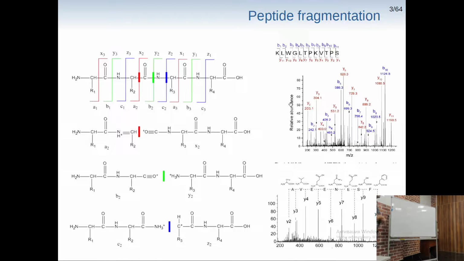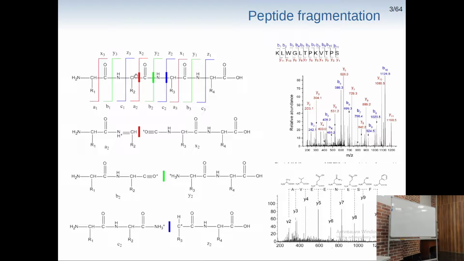Actually, what I've told just 5 minutes before is an oversimplification, because we have this peptide bond, but it can be fragmented at different positions. For instance, here is our amino acid, here's another amino acid with another radical, and we can have breakage of our bond at 3 different positions.